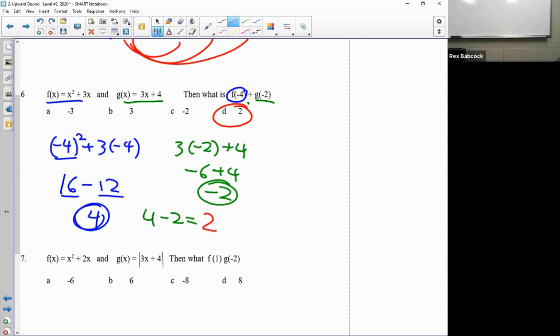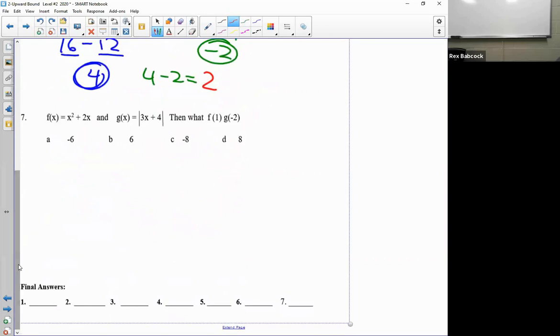Okay, and the last one. What is, here's a product, f of 1. So f of 1 equals 1 squared plus 2 times 1. 1 plus 2 is 3.